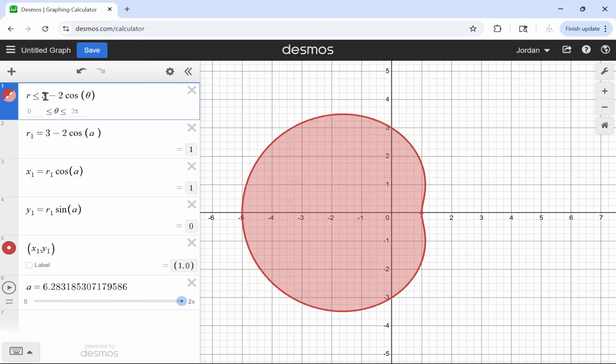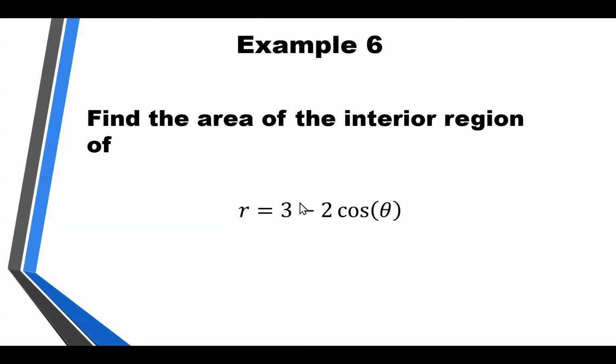So that area there, shaded, is the integer 11 times pi. But that's it. That's the area of the interior region of that limacon. Got a really nice value.